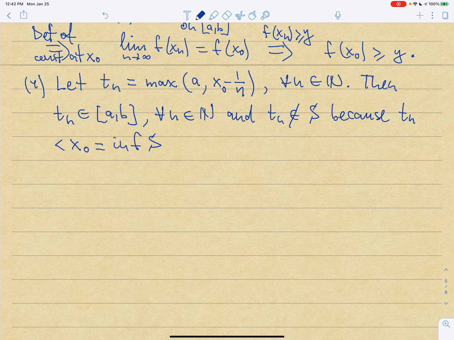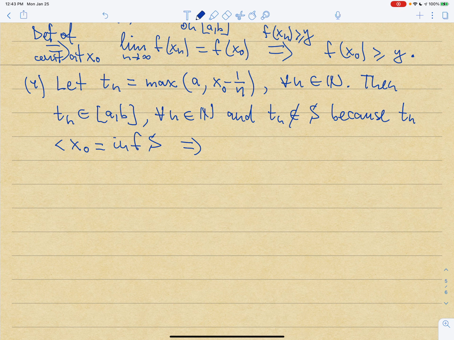Okay, but then because Tn does not belong to S, how did we define S? S consisted of all x's at which the value of the function is greater or equal than y.